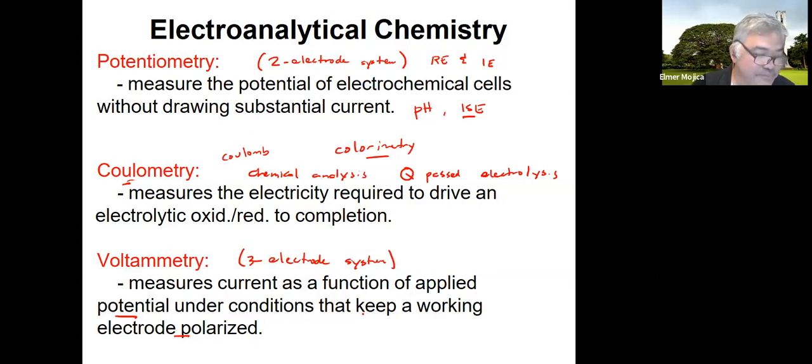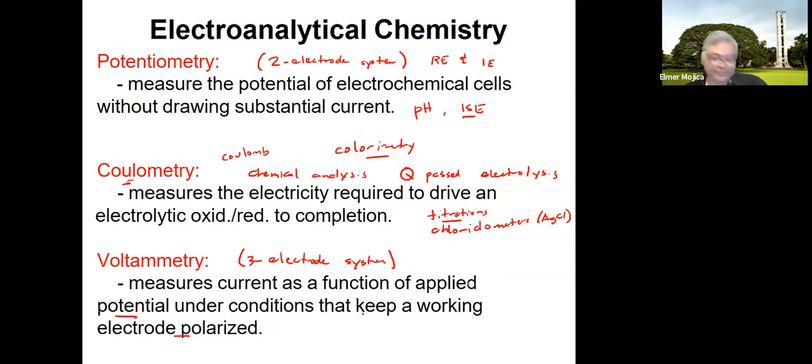In coulometry, you can use it for titration. You can use it in the so-called chloridometers, silver chloride. So you just measure it depending on the amount of silver chloride that you want.